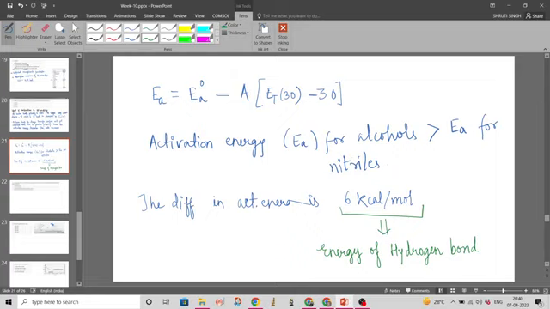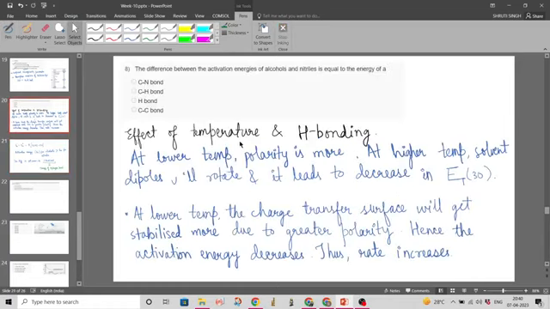So that's why the question asks that the difference in the activation energies of alcohol and nitriles is equal to the energy of a hydrogen bond. That's how we answer this question.